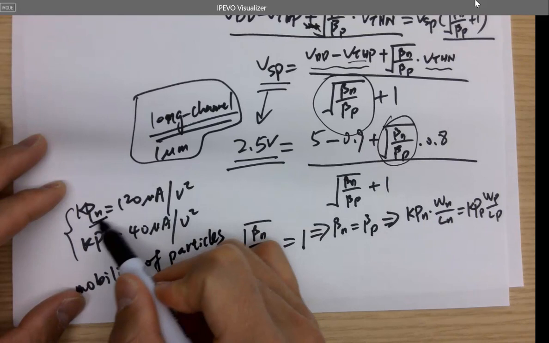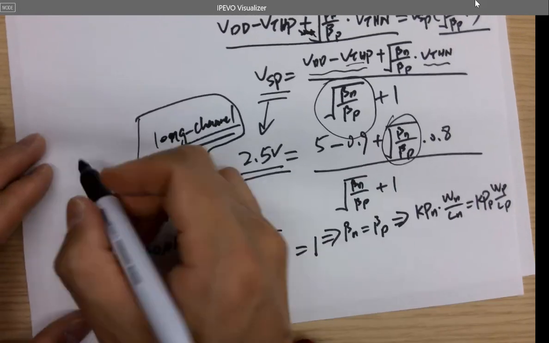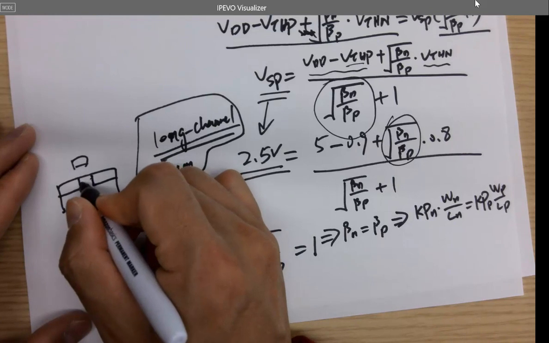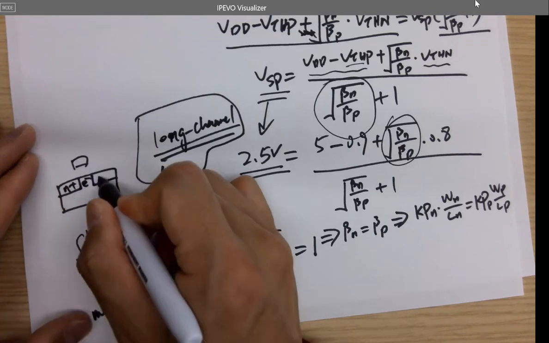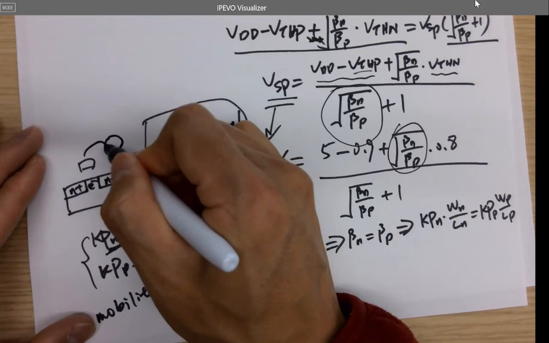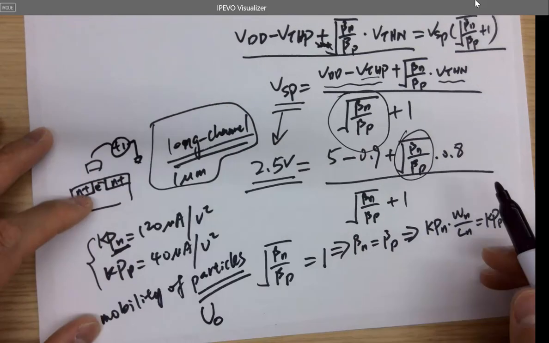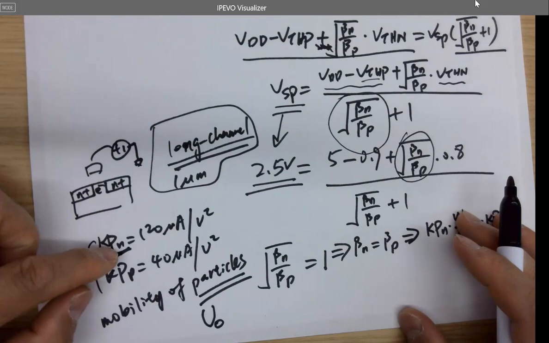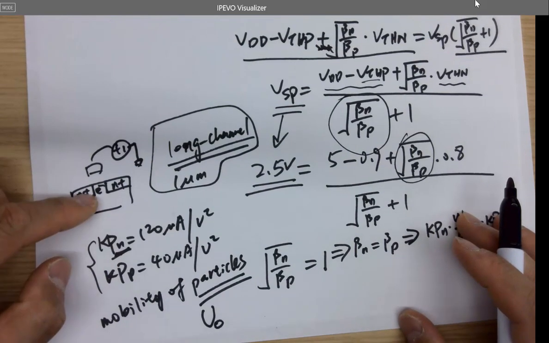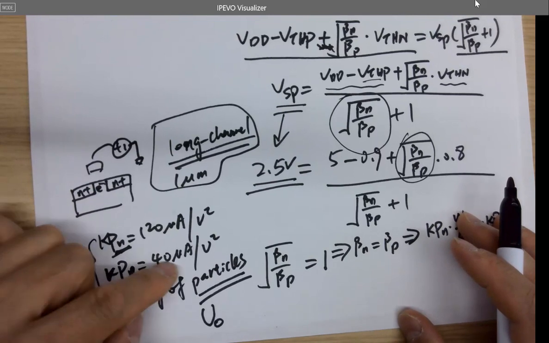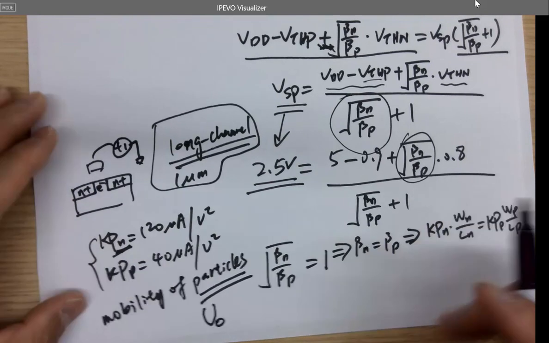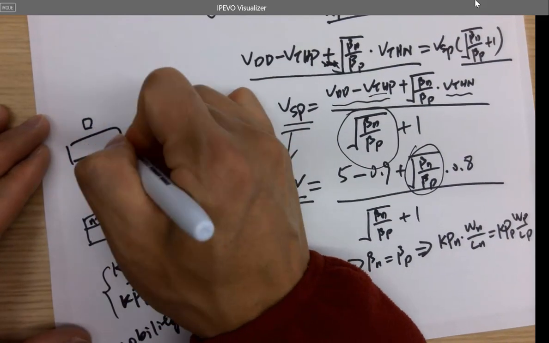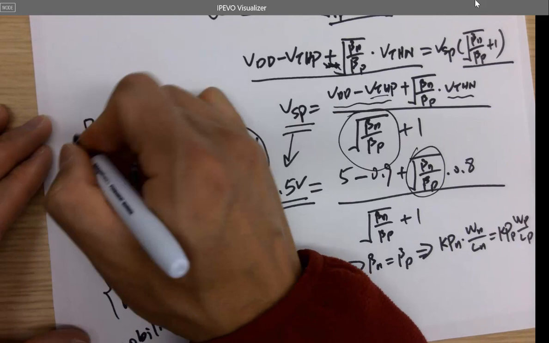So in the N-type material, in the channel, a positive voltage here for the gate attracts electrons to the channel. So the charge moving in the NMOS transistor, the N-type transistor, is actually electrons. But in the P-type transistor, if you have a negative voltage, it's P plus, right?